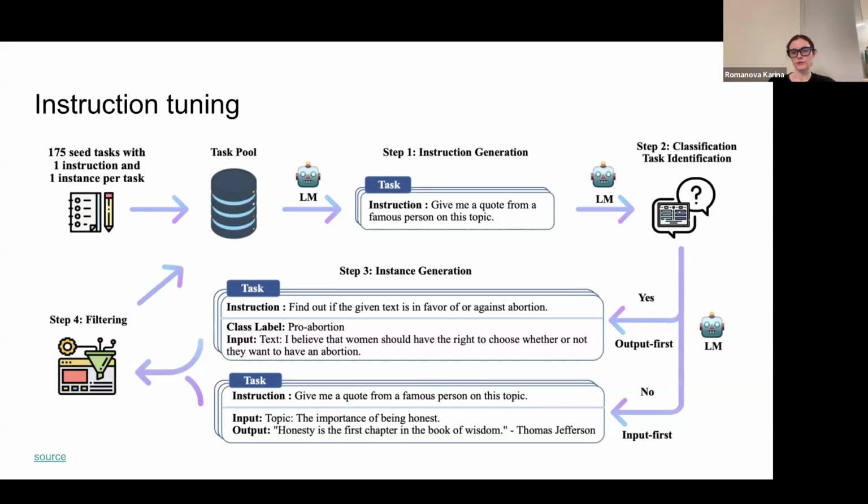The significance of instruction tuning lies in its ability to align large language models with human intentions. Pre-trained models are typically optimized for next word prediction, which doesn't necessarily equate to following human instructions.